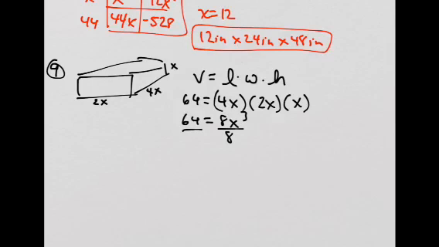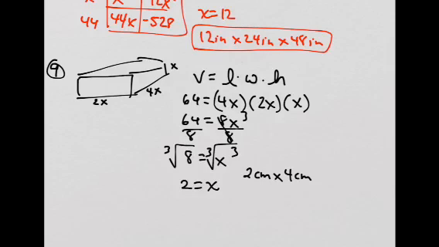We divide by 8, so 8 is x cubed, so we take the cube root of each side to solve for x, so x is 2. So the dimensions of this piece are 2 centimeters by 4 centimeters by 8 centimeters.